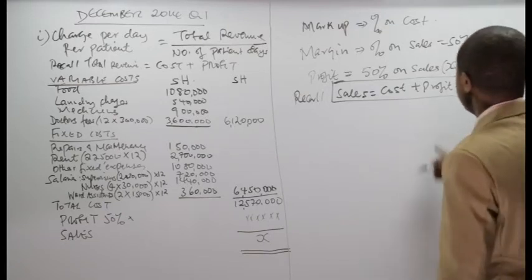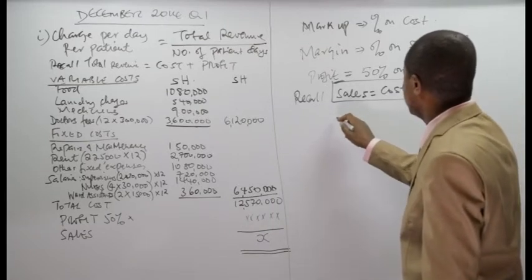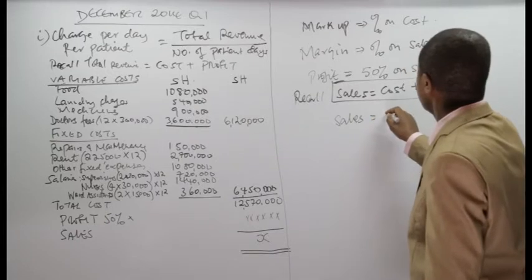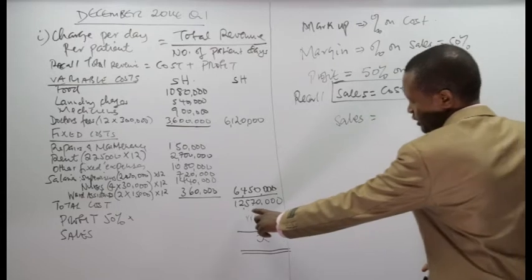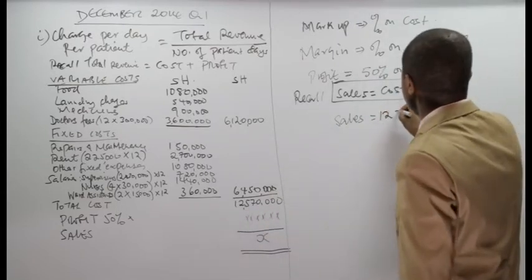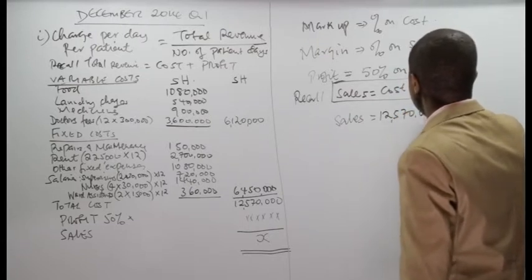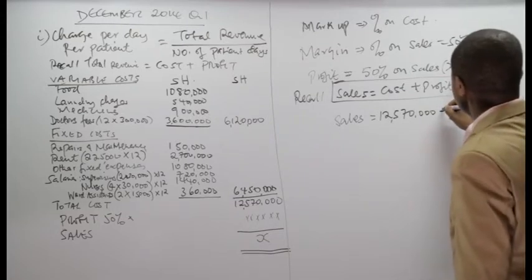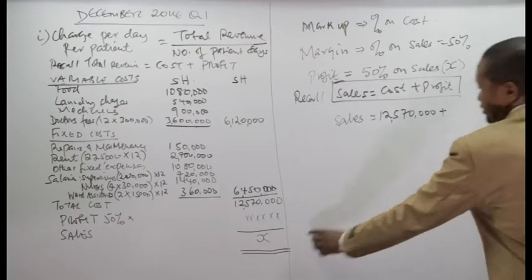So sales will be equal to cost, which we have. The cost is 12,570,000.